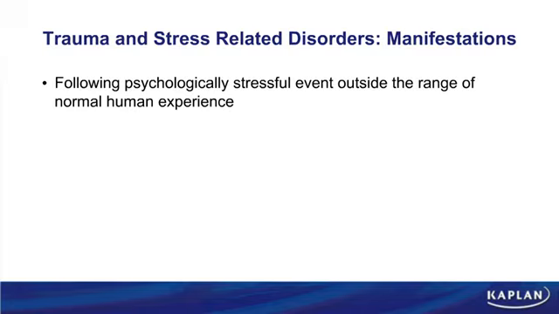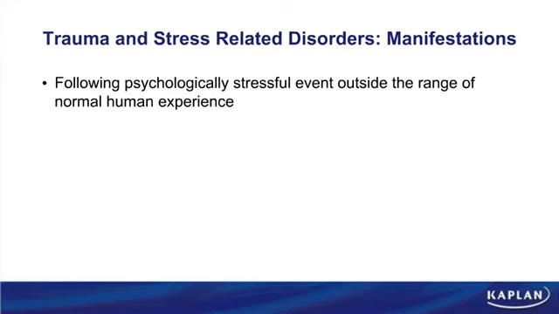The next section that is new to DSM-5 is the chapter that was created for post-traumatic stress disorder and acute stress disorder. This is called the trauma and stress-related disorders. So when patients have post-traumatic stress or acute stress disorder, these are individuals who've experienced a stressor.